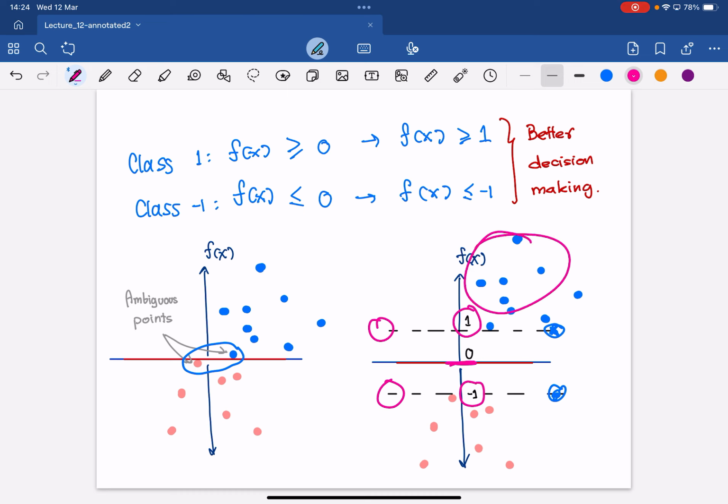So that is like 1, 2, 3 parameters, and the mapping function is maybe another 4 or 5, depending on what this mapping function is. If this mapping function is just a linear function, like f(x) = w^T x + b, this means that your parameters are going to be w and b and the thresholding.